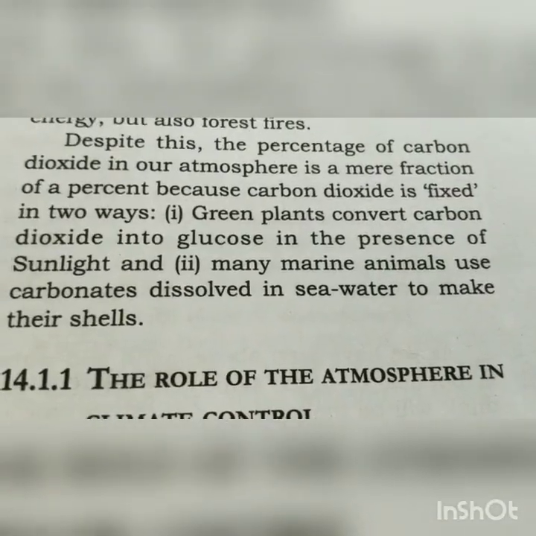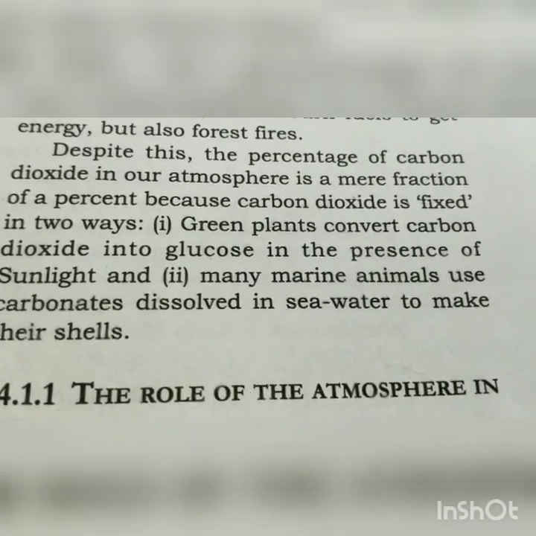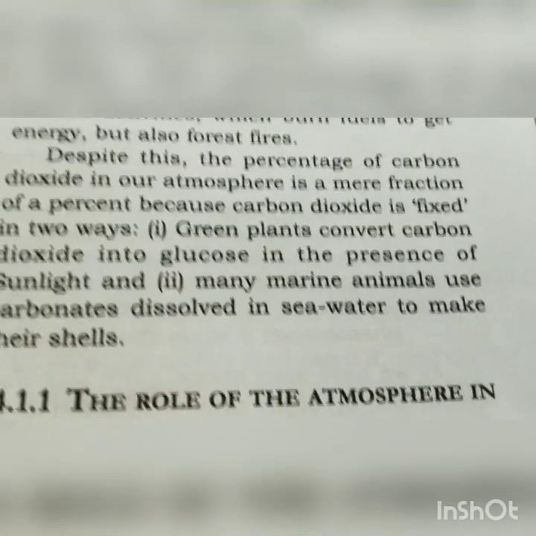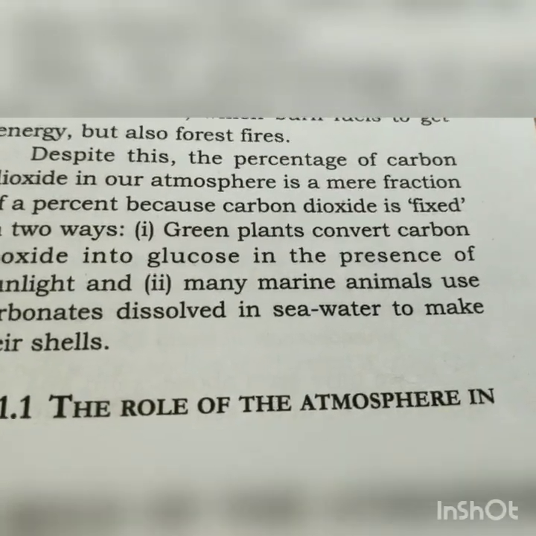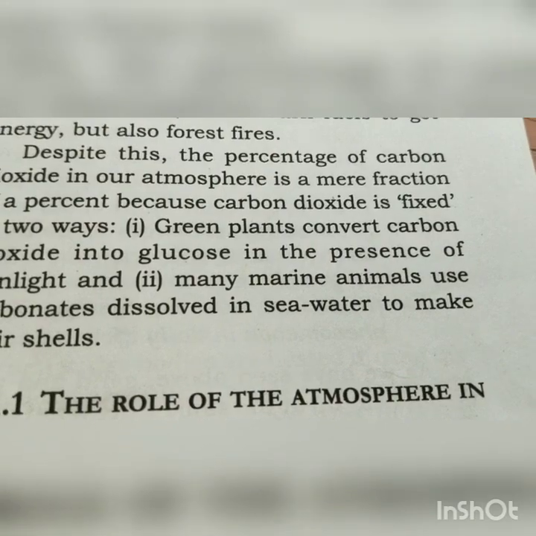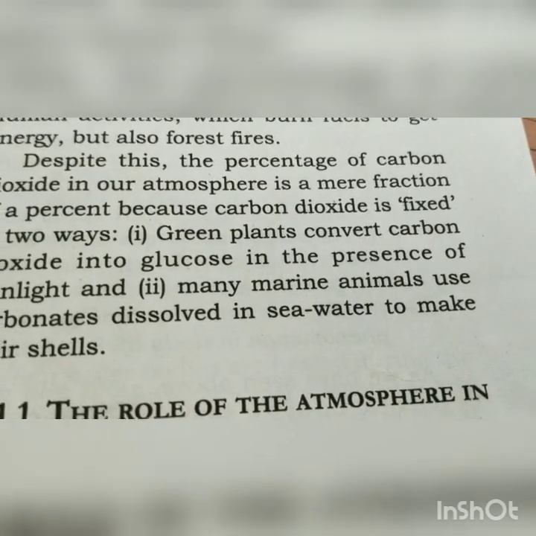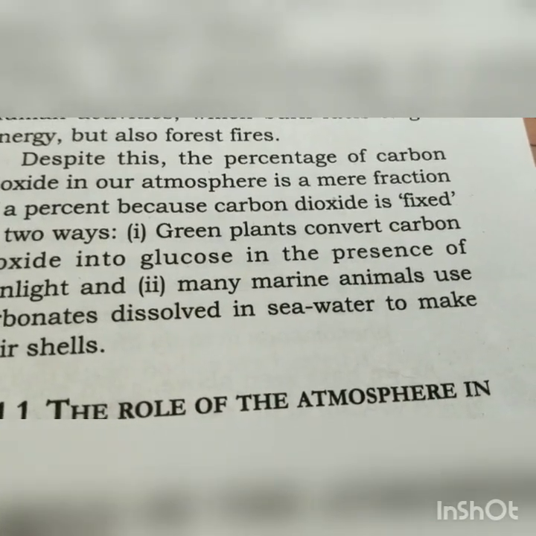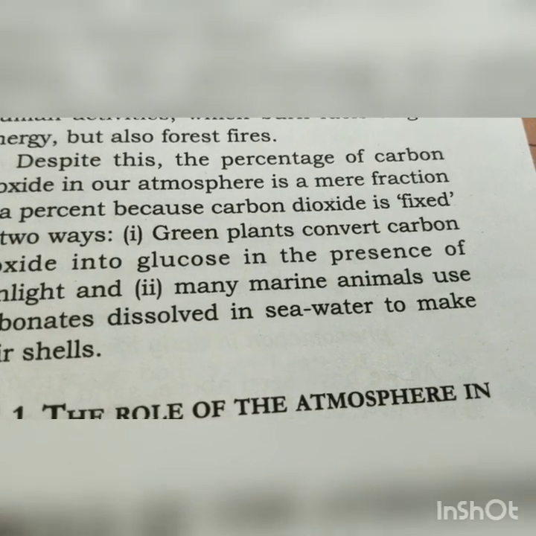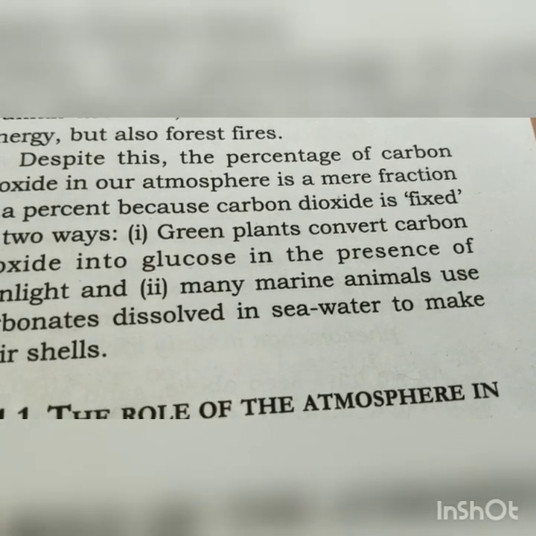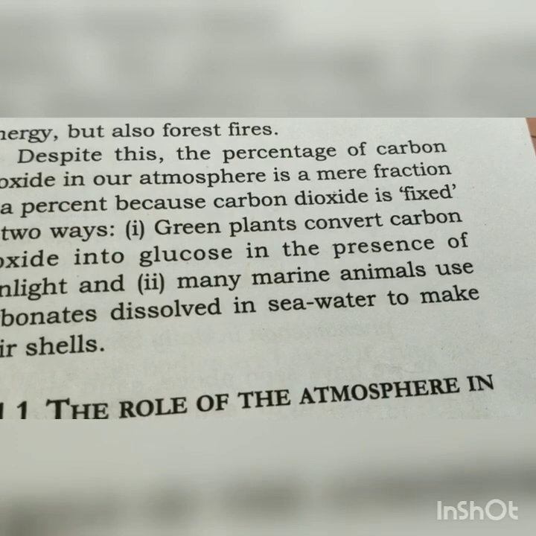So, on our earth, we are producing carbon dioxide in a large amount, but the percentage of carbon dioxide is kept low because there are two ways to fix it.